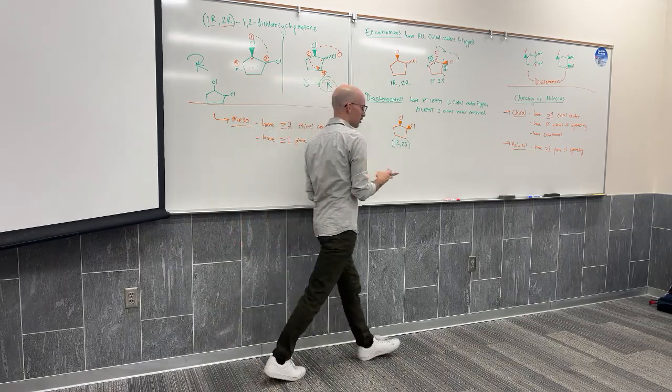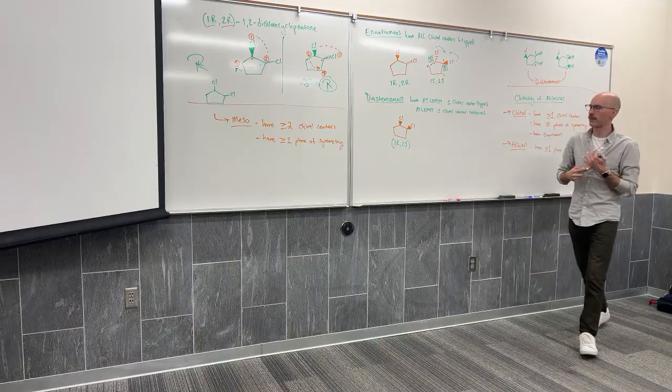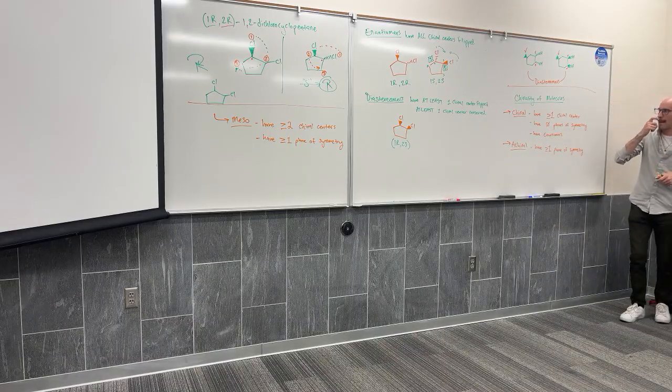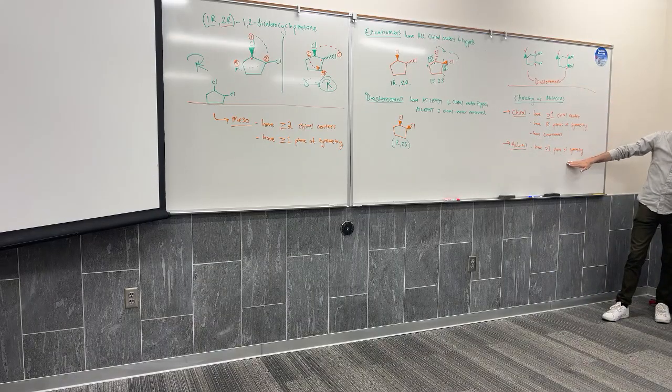They have at least 2 chiral centers. They have at least 1 plane of symmetry. So you see the relationship. A meso compound kind of cuts the middle ground between a chiral and an achiral compound. But which category would meso fit in better? Chiral or achiral?